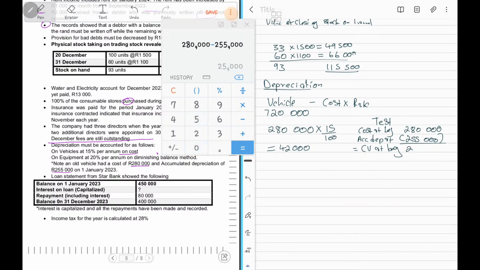That gives us 25,000. Now if you notice something here, the one that we calculated is greater than the carrying value of 25,000. So when it's like this, it means that the actual depreciation will be this carrying value here.